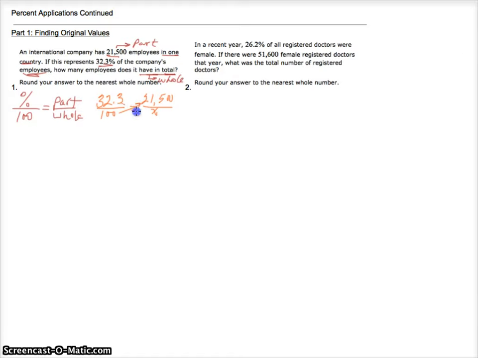I'm going to cross multiply all this and get 32.3x equals 100 times 21,500. That's going to tack on two zeros at the end. It's going to have 215,000,000. Now that I've got the 32.3x over here, I'm going to divide both sides by 32.3.